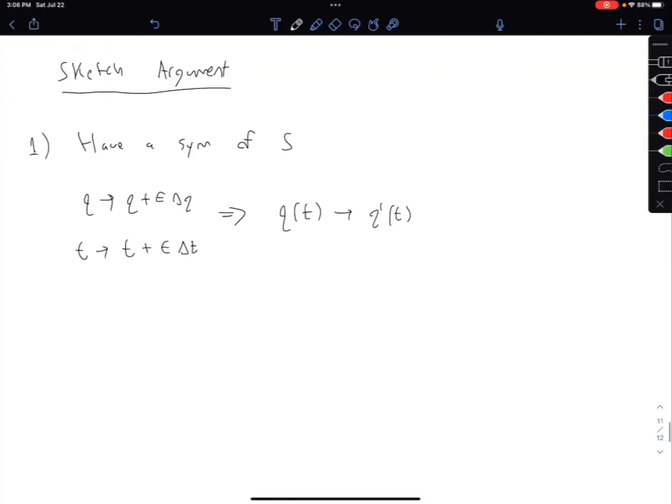And now here's the really clever step. The really, really clever step. Remember that epsilon is some constant parameter. So now make epsilon depend on time. That's really the big brain move.